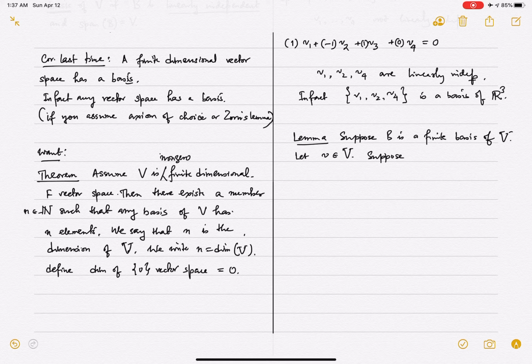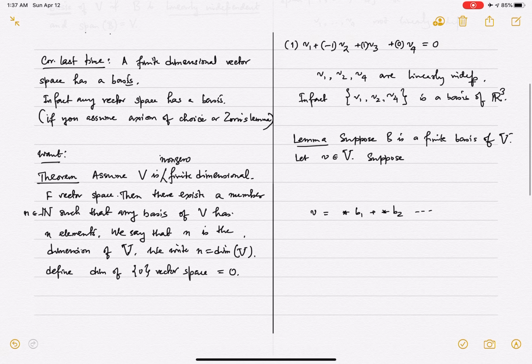So if you give me a vector, I can write it as a combination of elements of B. Right, so something times b1 plus something times b2, etc. So suppose I have an element of B which actually appears in this combination, so this coefficient is non-zero.